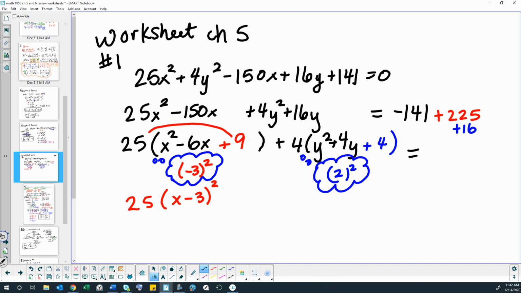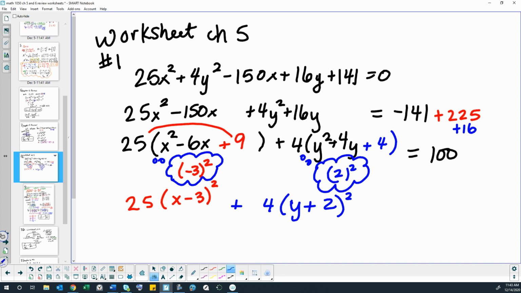So then negative 141 plus 241, that's nice. That's a beautiful 100. Okay. So I got ahead of myself a little bit, but this factors into 4 times y plus 2 squared.